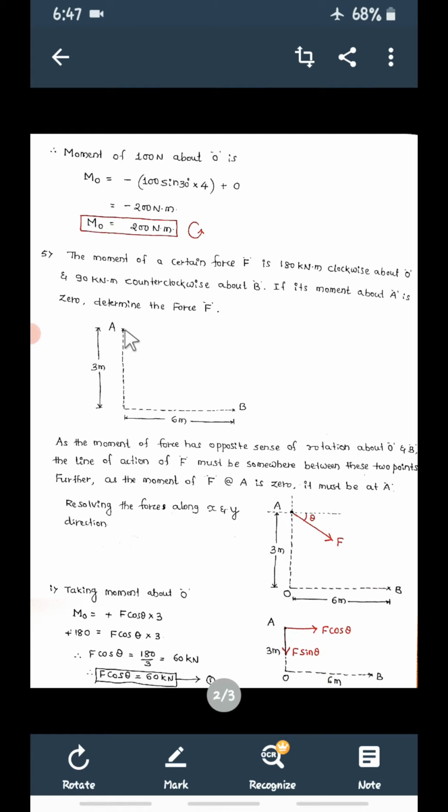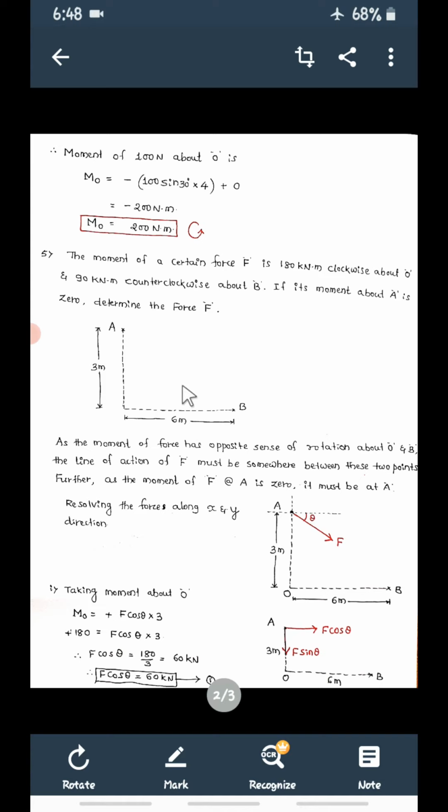But the question is whether this force is horizontal or vertical, which you have to identify. If you provide horizontal, all three conditions should be satisfied. The moment of this force about A is 0, that will be satisfied. Then if I provide a force like this, what is the moment of this force about O now?